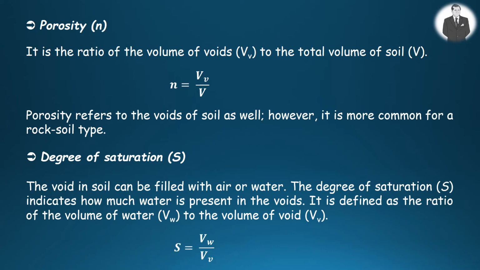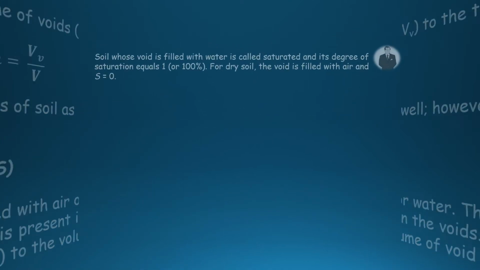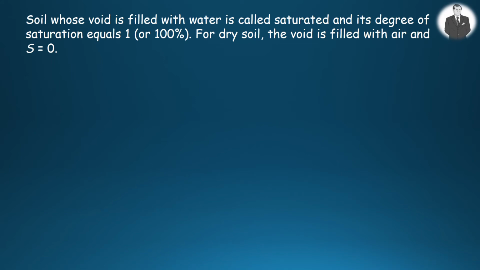It is therefore defined as the ratio between the volume of water and the volume of void. Soil whose voids are full of water is named saturated soil, and its degree of saturation is equal to unity, or 100%. For dry soil, the void is filled with air, and therefore the degree of saturation is zero.